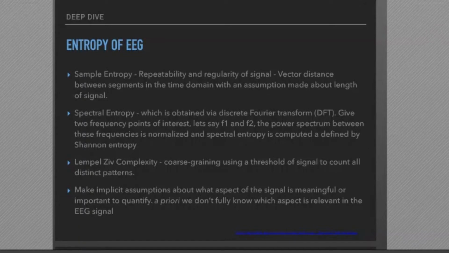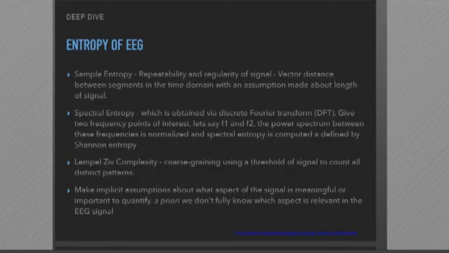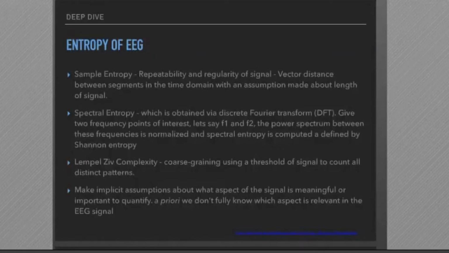Spectral entropy, on the other hand, as the name suggests, is in the frequency domain. You transform the signal into the frequency domain, take a frequency window of interest, and calculate the entropy for that particular segment. And then Lempel-Ziv complexity, which is widely used in fact in audio compression.